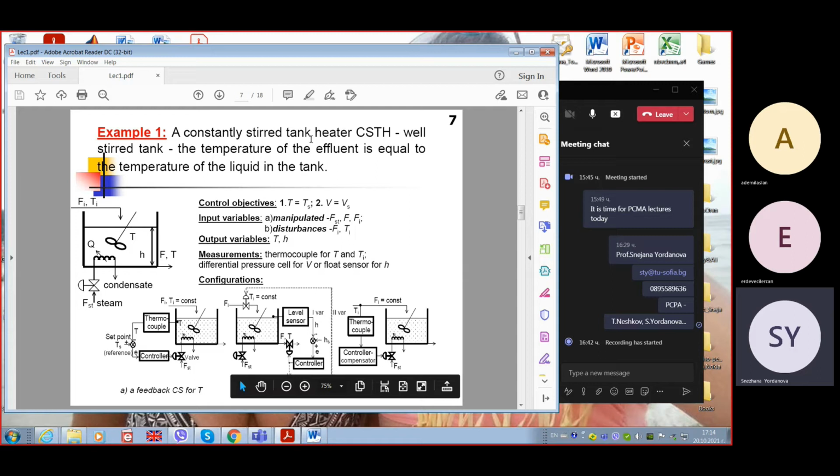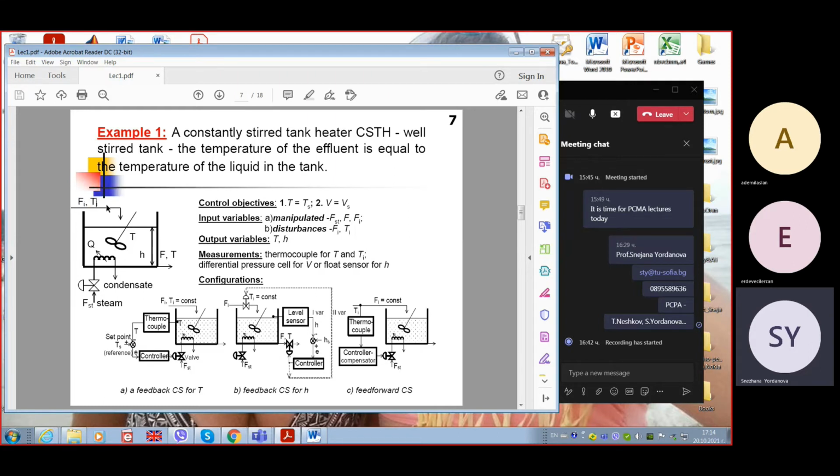So the example is a constantly stirred tank heater. It will be present in many other topics as an example. So we have a tank, we fill it with liquid. The inflow is characterized by flow rate. This is the quantity of liquid per unit of time. And the initial temperature. So there is another installation before this tank, and this installation produces liquid with a given flow rate and temperature.